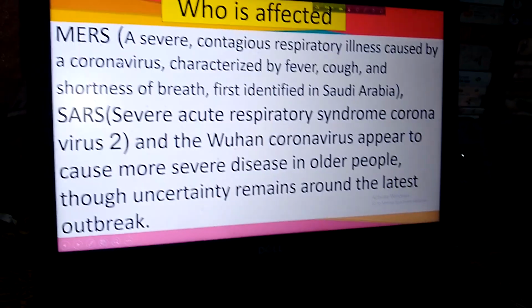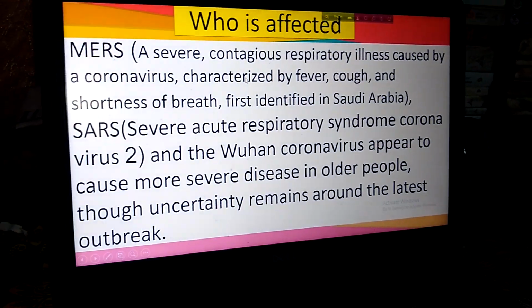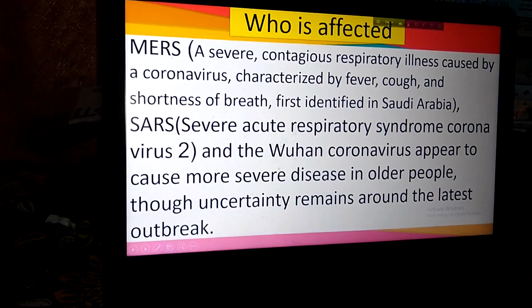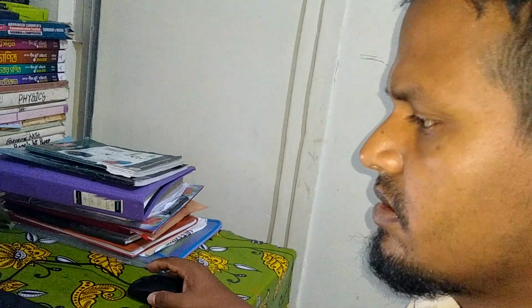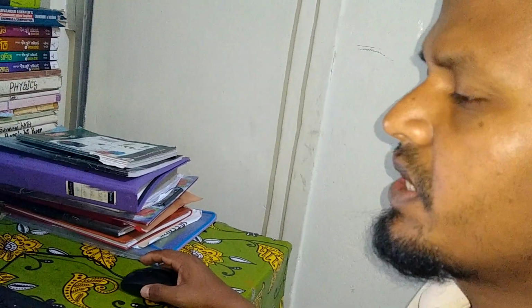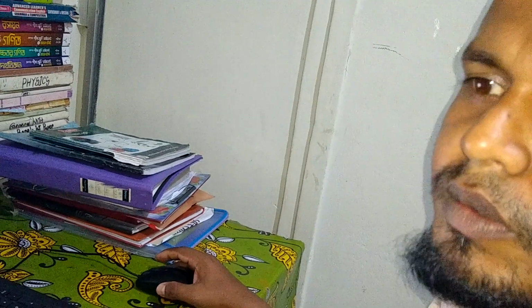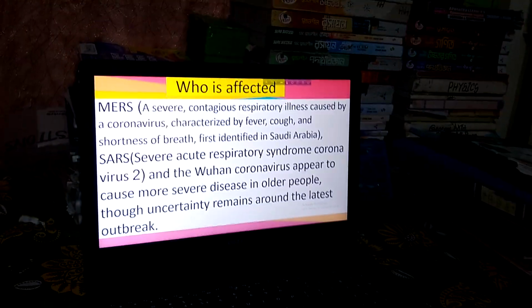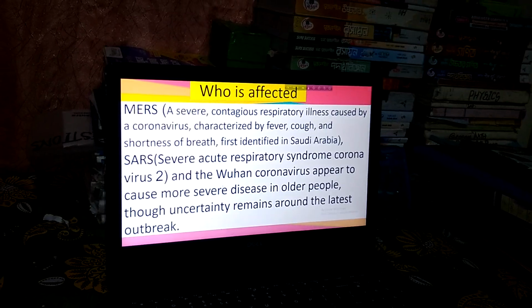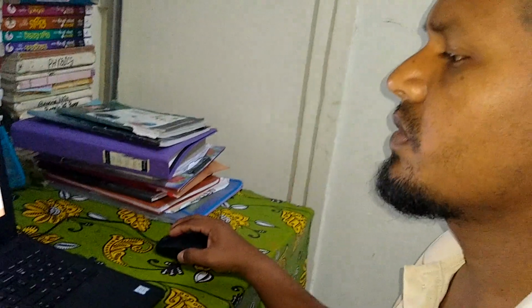Then who is affected? Actually, we know that at first it started from China, then it has spread almost all over the European countries, especially Italy, America, Bangladesh, some other countries, all European countries, Saudi Arabia, and some other Arabian countries in the Middle East also.